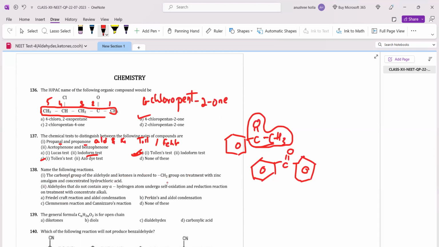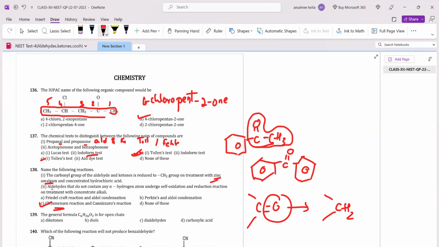Yes, this is a named reaction where your carbonyl group, either aldehyde or ketone, is directly reduced to hydrocarbon, right? This can be carried out using Wolff-Kishner or Clemmensen reduction, but since they have given zinc amalgam, it should be our Clemmensen reduction. So it should be answer C.